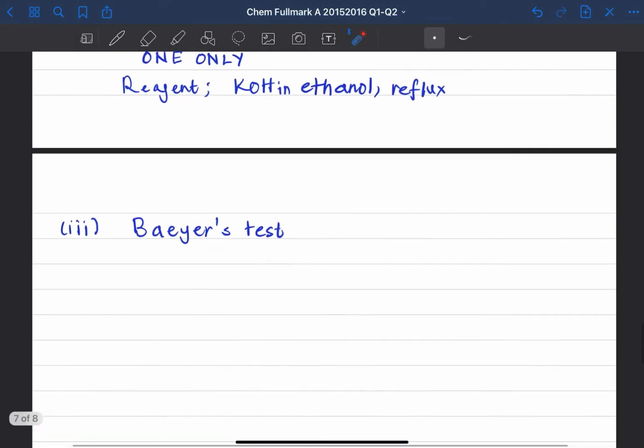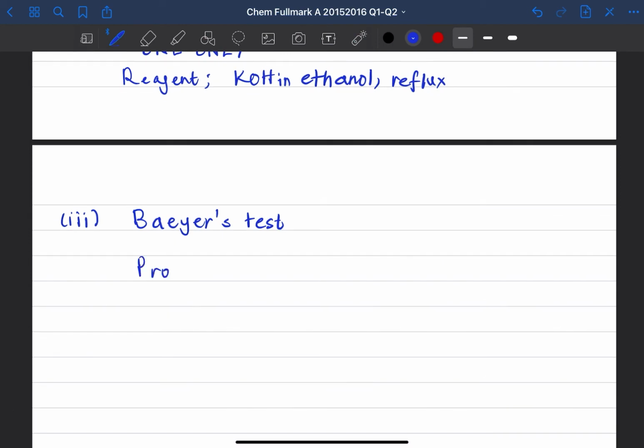So the product will be CH2. Look at the double bond. We have CH2, so we add OH. Look at the carbon-carbon double bond, and on the other carbon we also add OH. Okay, so continue, complete the structure. CH2, CH2, CH3. So this is the product when A reacts with the base reagent.